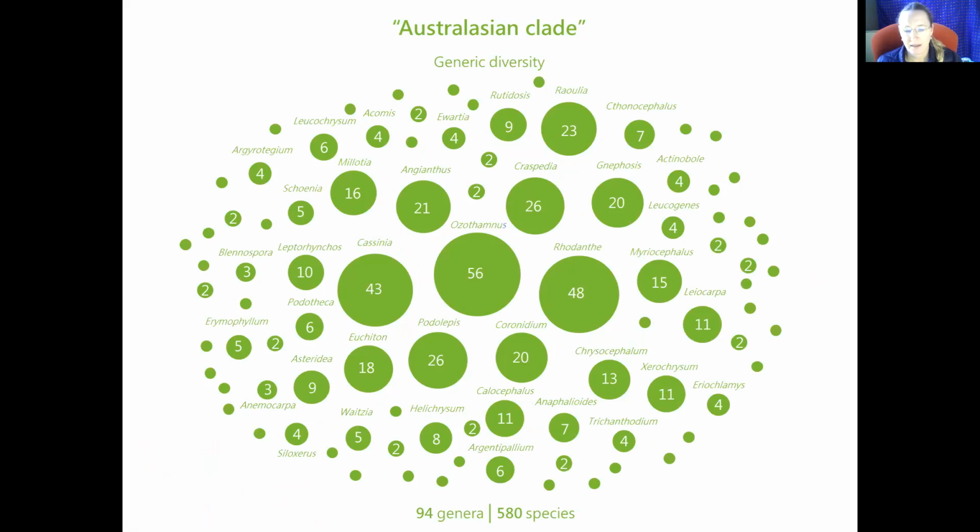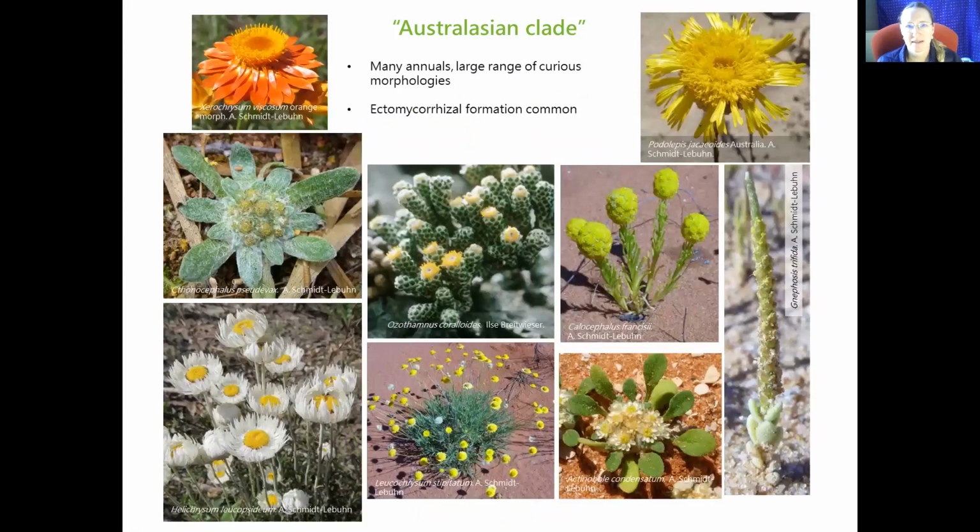And it's very, very diverse, this clade, with nearly 600 species, but also morphologically extremely diverse. And I think that's why these species have been segregated into so many different genera, because they really are so different from each other, and they explore such a range of morphological shapes and patterns.